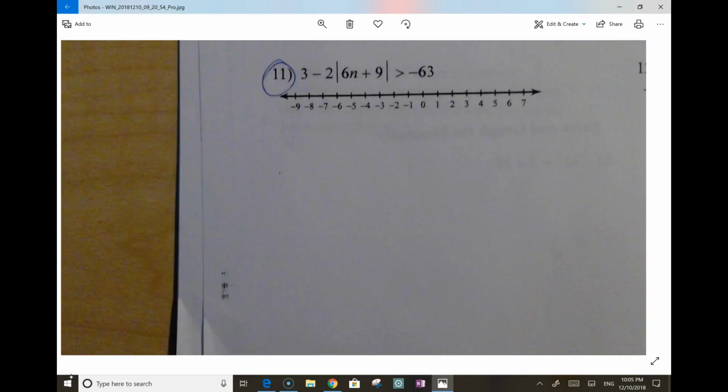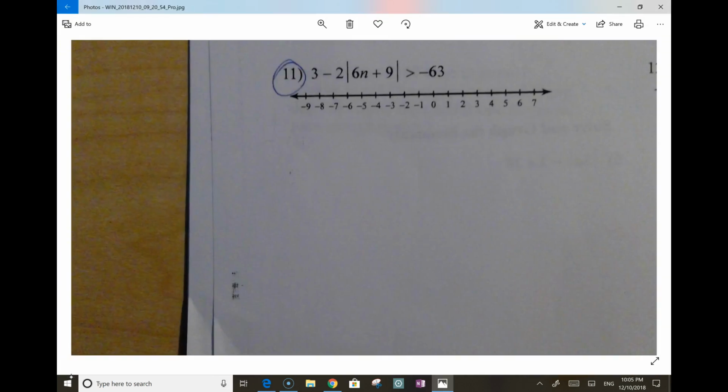All right, let's move on to the final question over here. This is an absolute value inequality. This is combining whatever we did with solving regular inequalities and graphing them and understanding the solutions, and also absolute value equations and the principles behind solving and understanding what they mean.